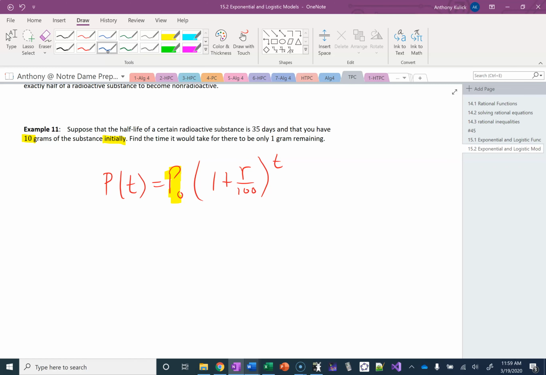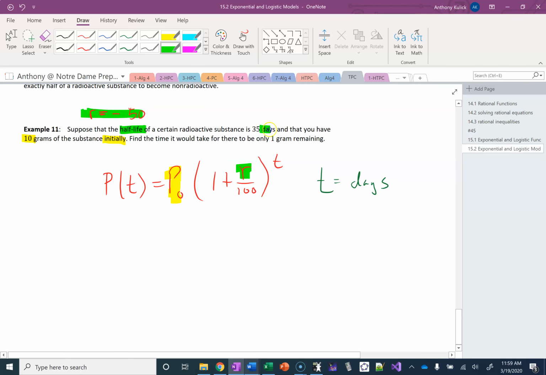But maybe it's not entirely clear what the value for R is. Since it's a half-life, it's decay, so it's negative, and half of 100 is 50. So that's my value for R. For all these radioactive decay problems, the R is going to be negative 50. So that makes life easy to remember. And then we need to pick a unit of time for T. I think day seems appropriate.